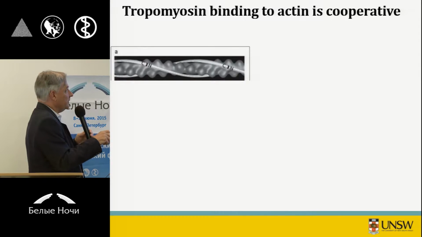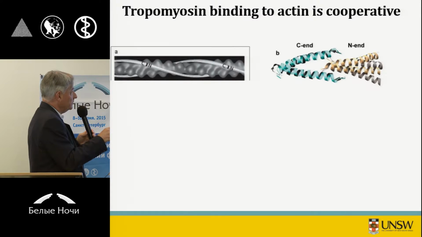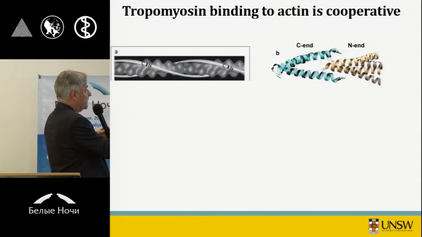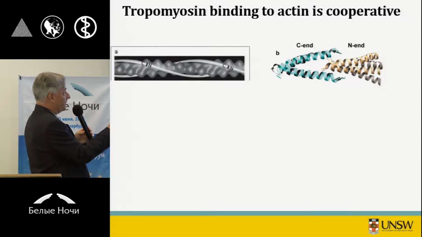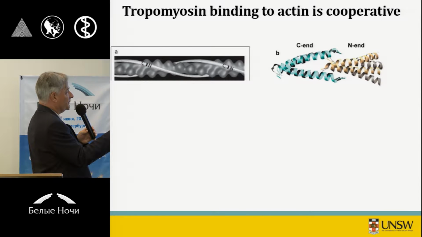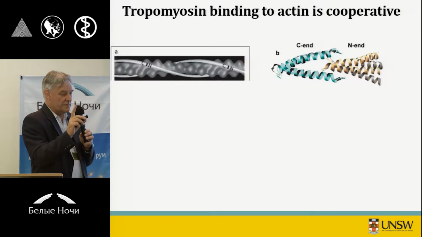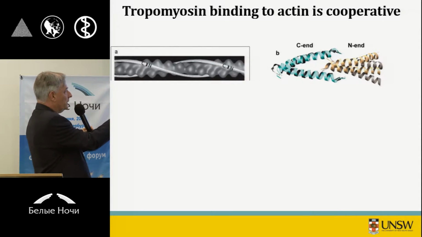How do you make a tropomyosin polymer on actin? The way it is done is that the C-terminus of each tropomyosin dimer overlaps with the N-terminus of the next tropomyosin in line along the length of the actin polymer. So what we immediately thought was, could we destroy this interaction?